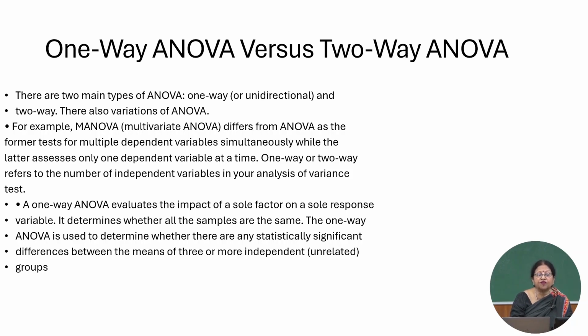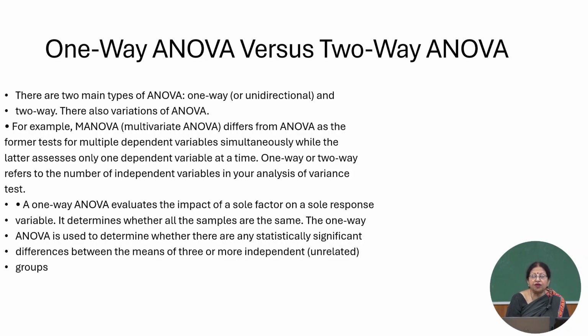One-way or two-way refers to the number of independent variables in your analysis of variance test. So if we are only looking at the yield in a chemical reaction case, then we are using only one variable, and we have done 20 experiments to see whether the yield has any statistical relationship.